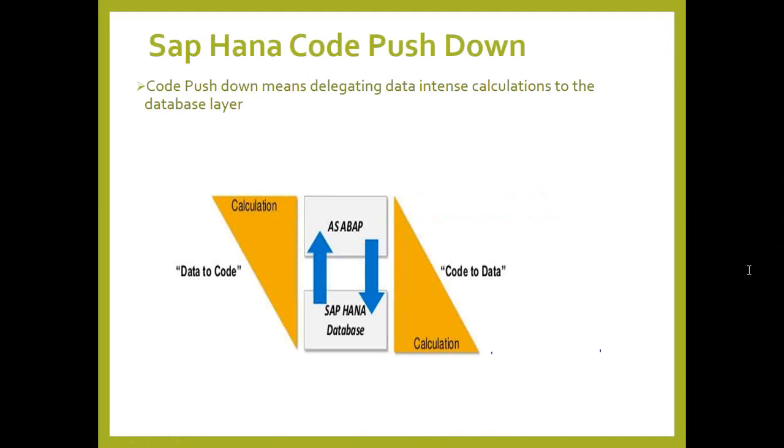If you combine SQL script code and a view, this is called CDS. In CDS, we can combine multiple tables in a database structure, and while combining them, you can specify the logic also. That is the main advantage of a CDS view.